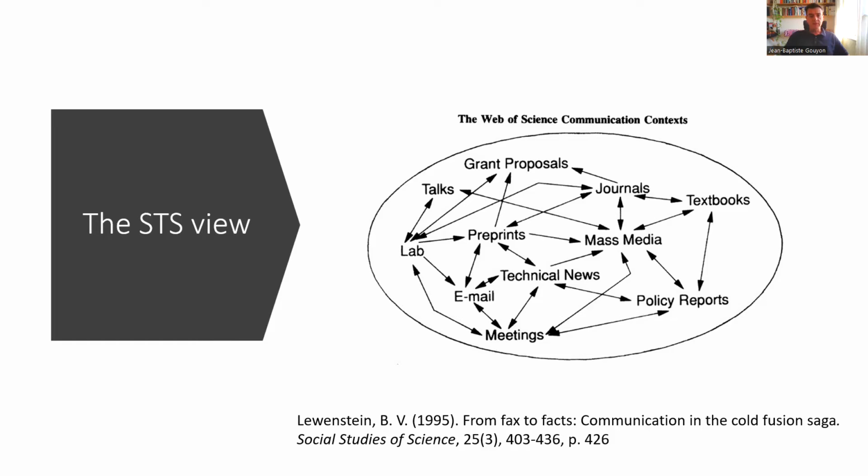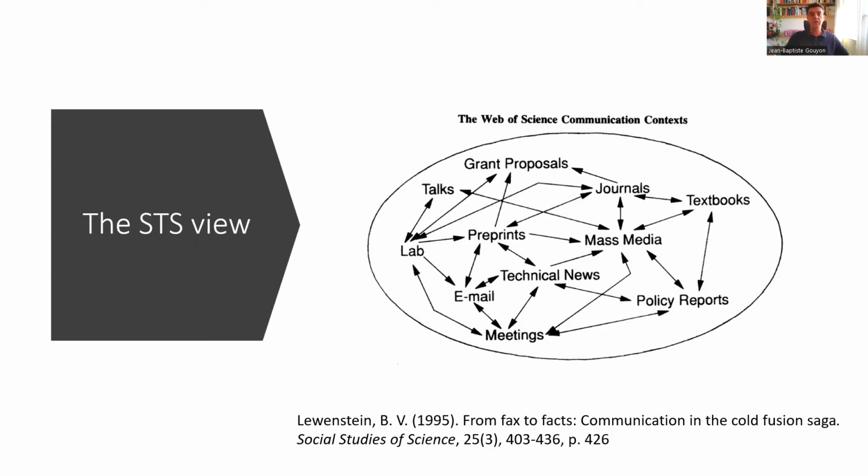And basically what Lewenstein was interested in was to understand the role communication played in the production of a piece of knowledge, which was the claim that cold fusion could be achieved, or atomic nuclear fusion could be achieved at room temperature, hence the phrase cold fusion.